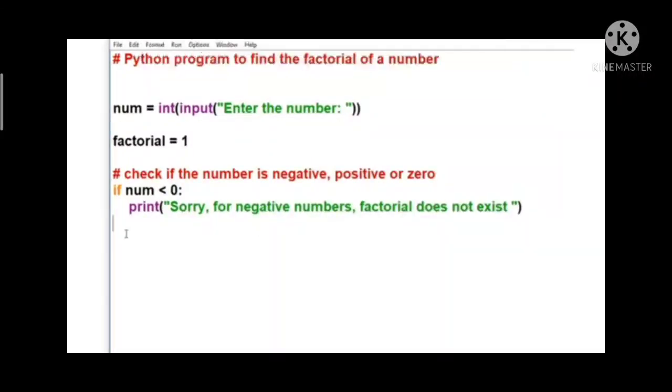And the factorial of 0 is 1. For a positive number, factorial is calculated using the for loop, as shown here.